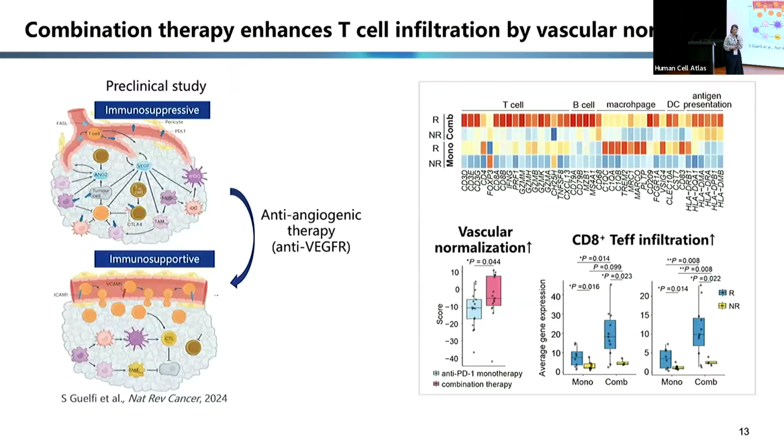But after therapies such as anti-VEGFR, the vasculature becomes normalized and the microenvironment shifts to an immunosupportive one. So we compared our data with those from anti-PD-1 monotherapy and observed elevated vascular normalization in the combination group compared to the monotherapy group. And this was accompanied by enhanced CD8 T cell infiltration.